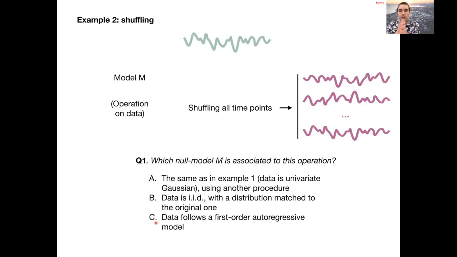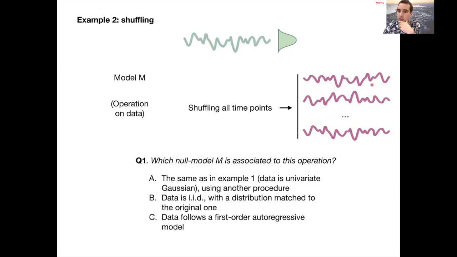Okay, so let's go step by step. If we show here the sample distribution of the original data, there are a lot of values around 0 and fewer values at the extremes. Do you think that this distribution is affected by data shuffling? I think it should be quite clear that it's not, right?